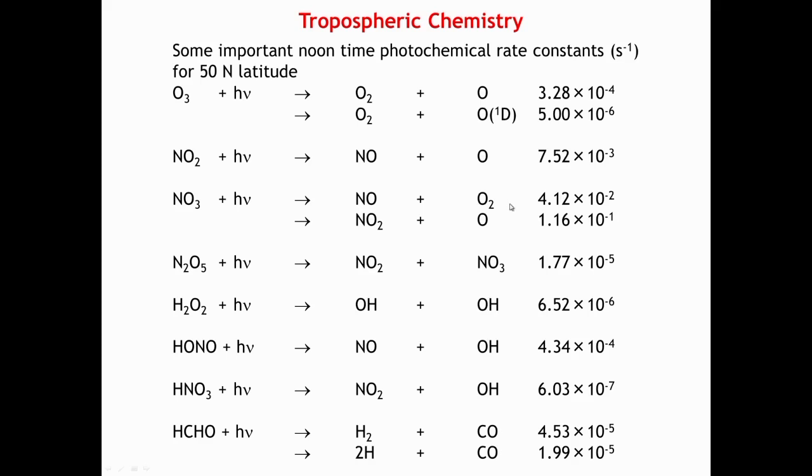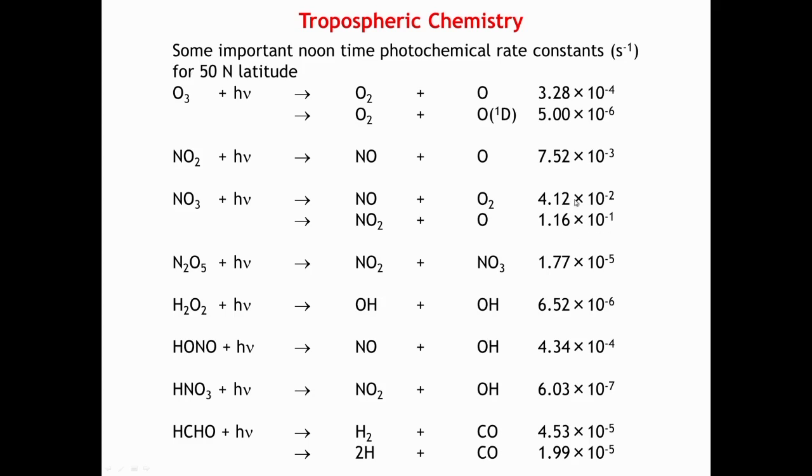10 seconds. 100 seconds. Okay, so this is 4 times 10 to the minus 2 per second, so it's about 25 seconds. 4 100ths is the rate, so 1 over 4 100ths. And here it's about 10 seconds.